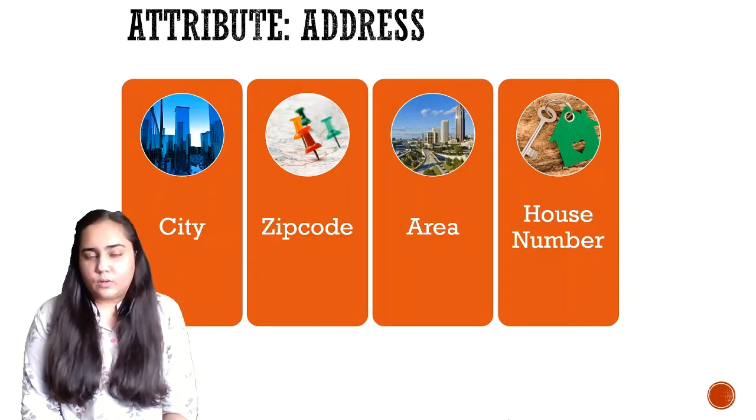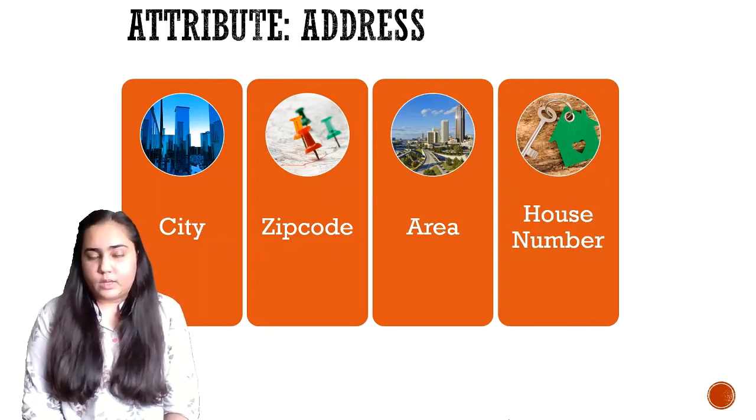Because you could always store all these things in separate columns instead of storing them all together under the address column. And you could also create a separate table to store just the address with all these separate columns. So this is again a non-atomic domain, and the other non-atomic domain we saw was children. So those are all non-atomic domains.